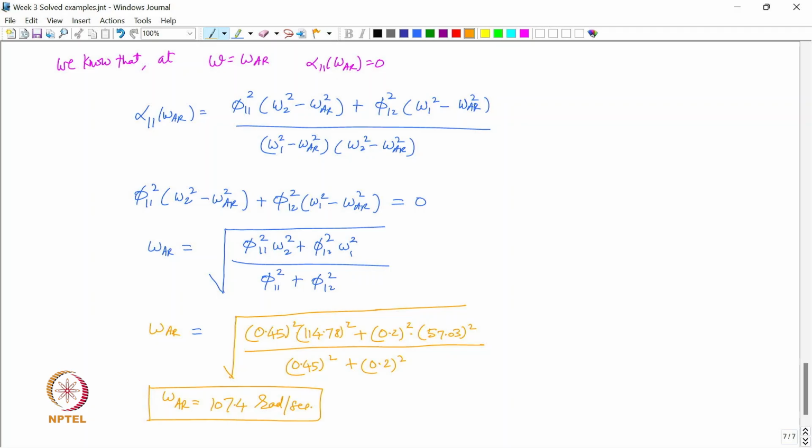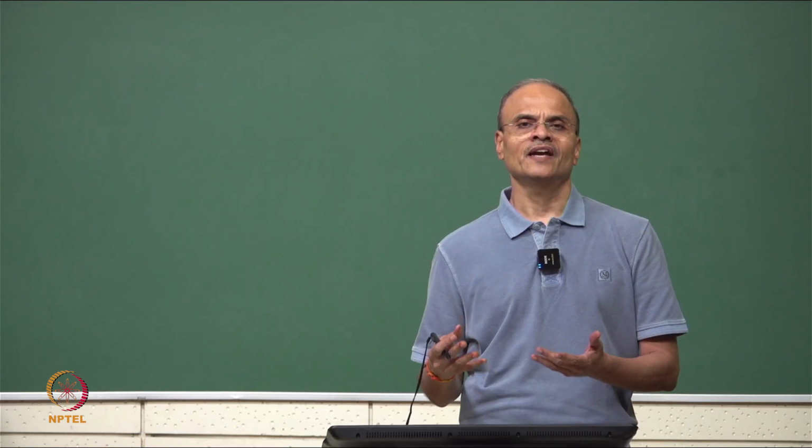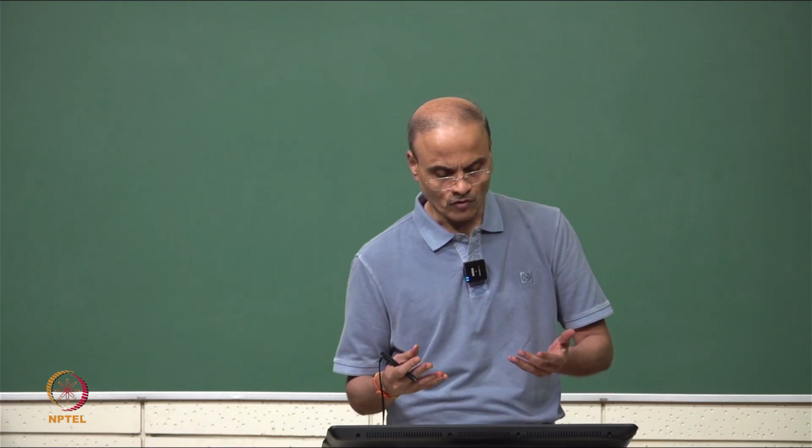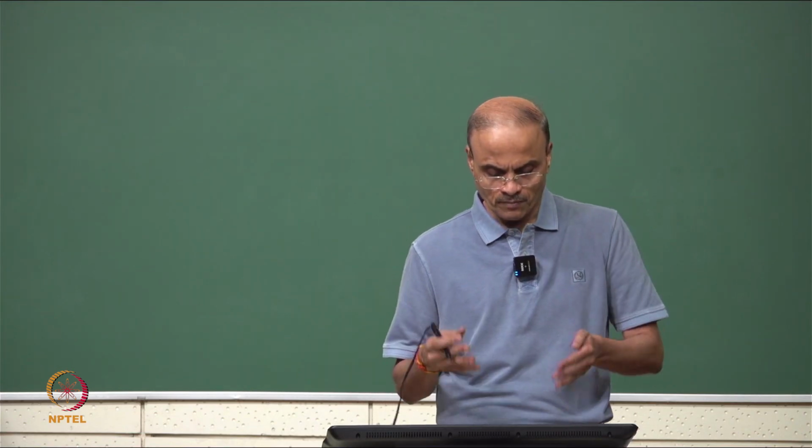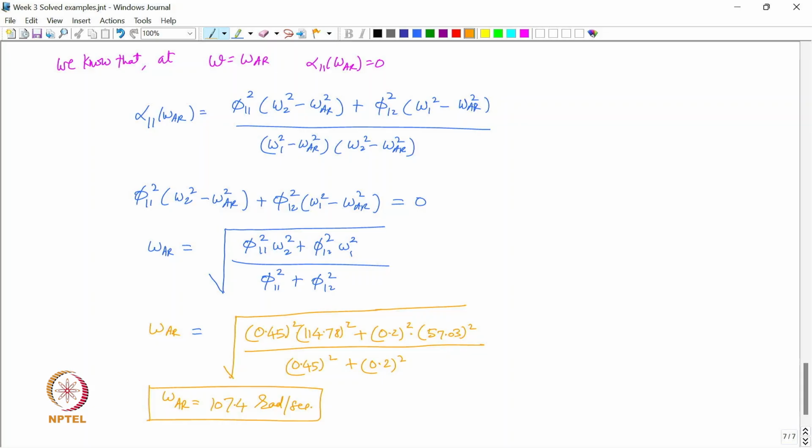So, this basically we did for a 2 degree of freedom system, but if there is, let us say, an n degree of freedom system, then what is going to happen? In the present case, it is a 2 degree of freedom system. We got a final equation which is in terms of omega ar square, right. It is a linear polynomial, correct.